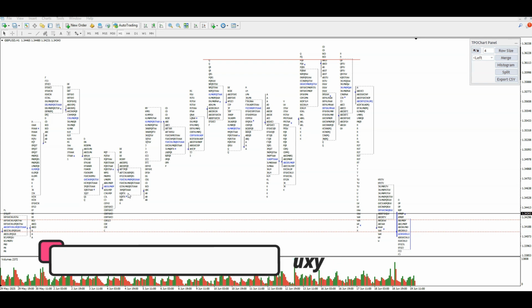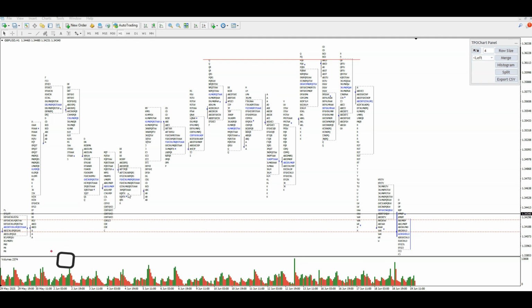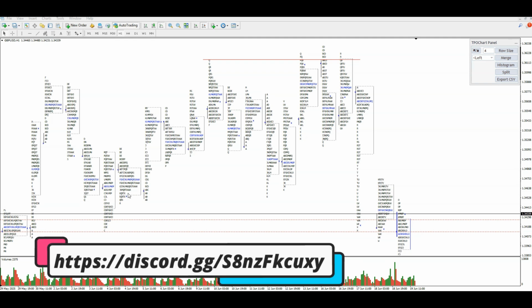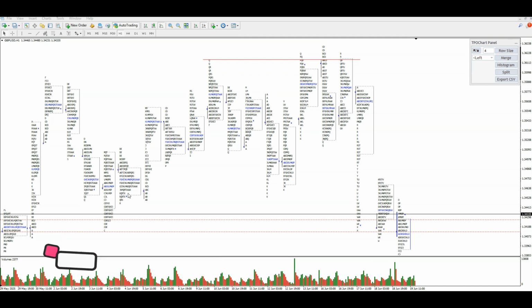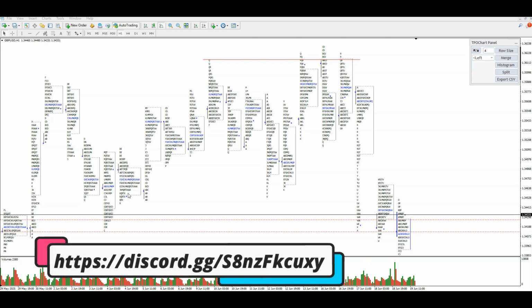So what this does is it allows you to have a window into what I like to describe as volume at price. Quite simply, you can see the volume on the chart. It's an amazing opportunity.